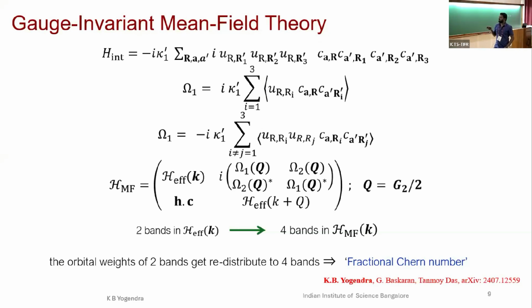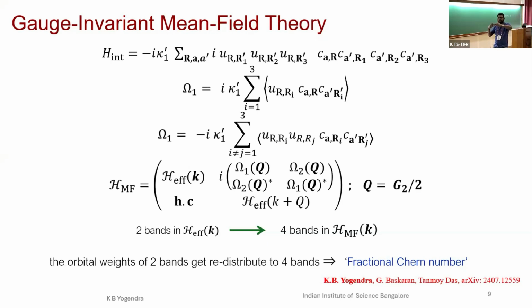order in this case, where Q I've taken to be 2 by 2. So here effectively there are two bands in the original model. By doing this I'm getting four bands in this case. So the distribution of the orbitals in the two bands is getting redistributed into four bands.